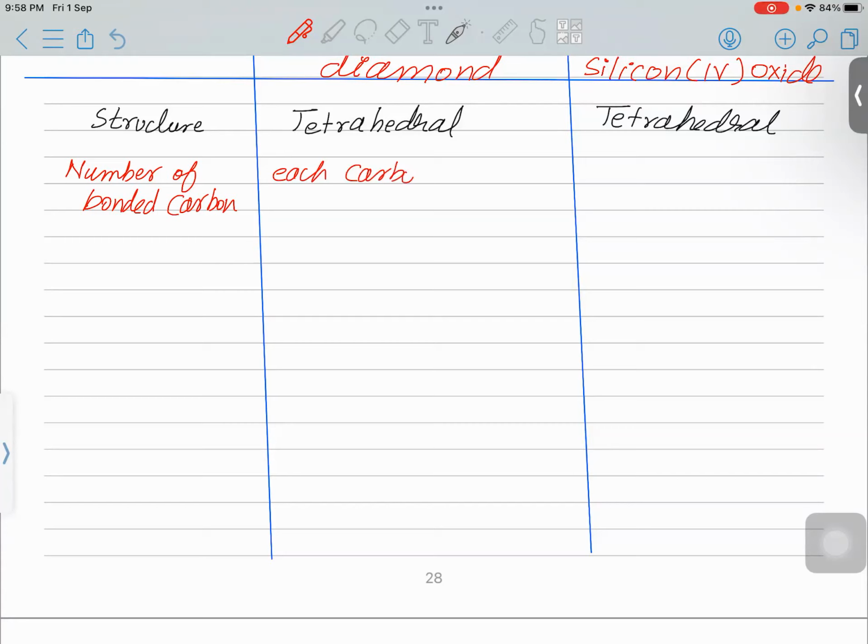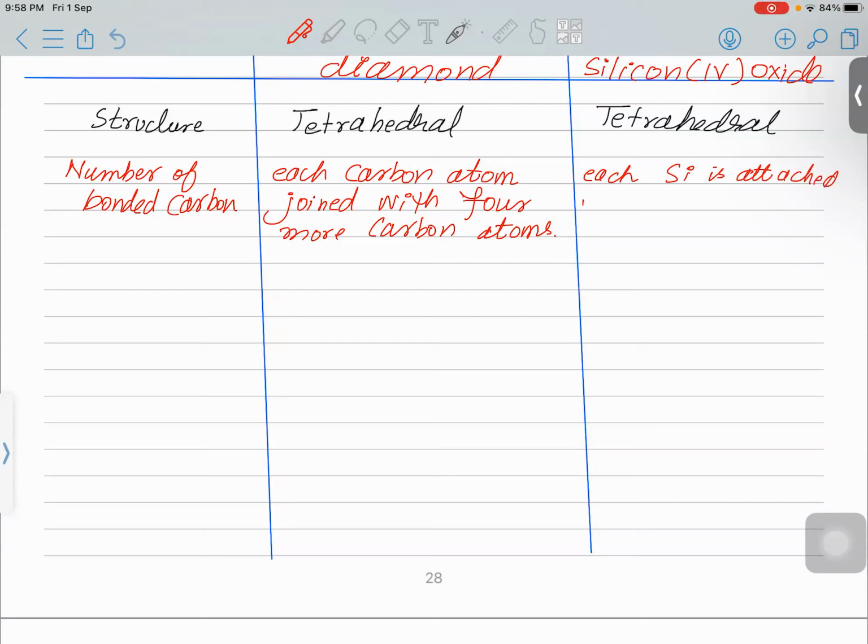Each carbon atom is joined with 4 more carbon atoms. While in silicon dioxide, each silicon is attached with 4 oxygen.